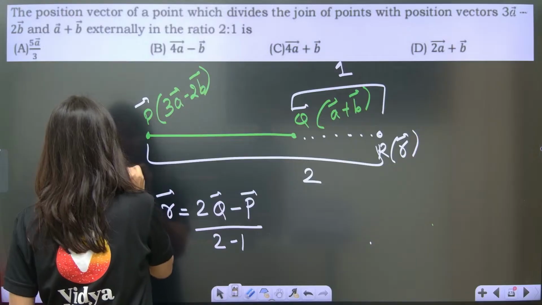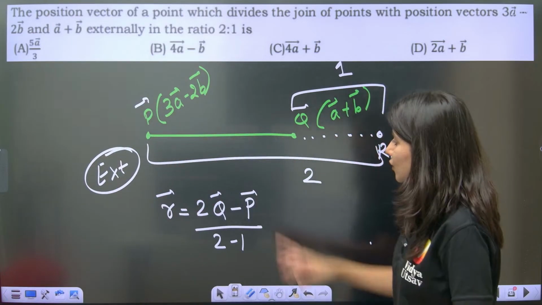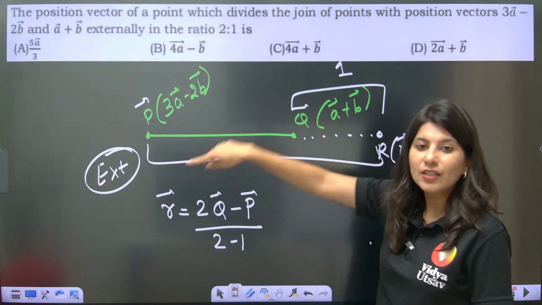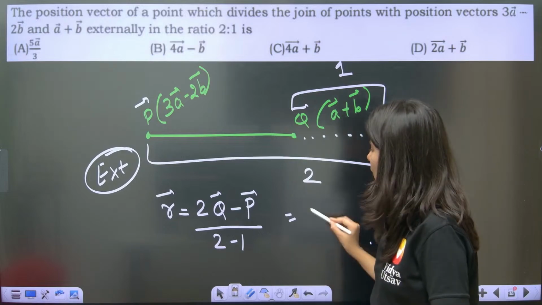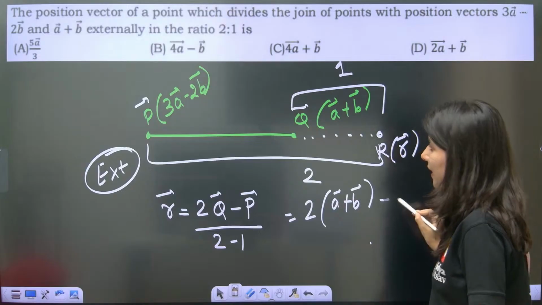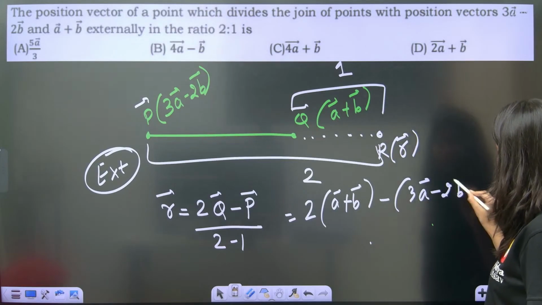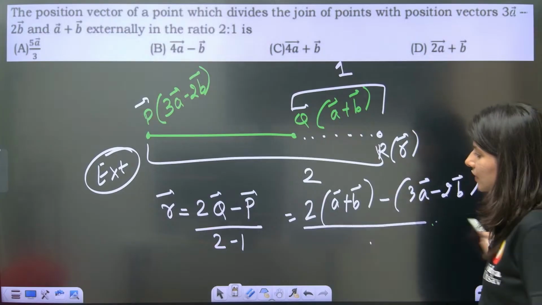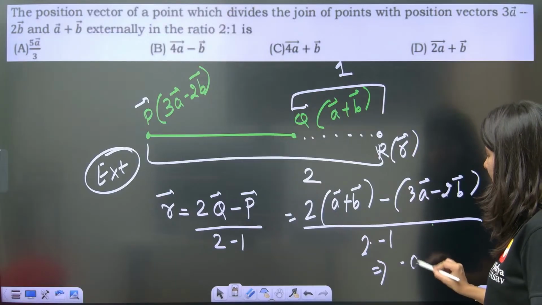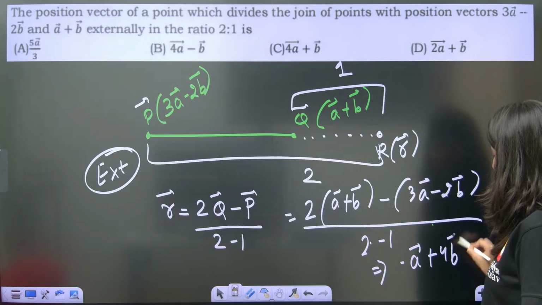External division formula, right? 2:1 ratio, so 2 into Q minus 1 into P. So 2 times Q, which is A plus B, minus P, which is 3A minus 2B, upon 2 minus 1. So this is 2A minus 3A, so minus A, and 2B plus 2B, 4B upon 1.